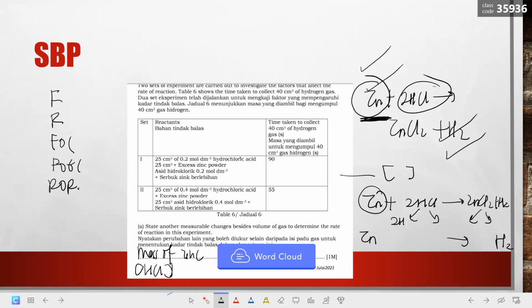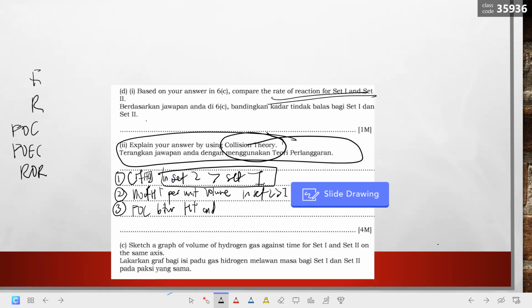Here I will get 2H+ and 2Cl-. Here I will get Zn2+ and 2Cl-. I cut the Cl-. What is left here, Bhavi? 2H+. So what are my reacting particles here? Zinc and hydrogen ions. Good. So give me the sentence here.